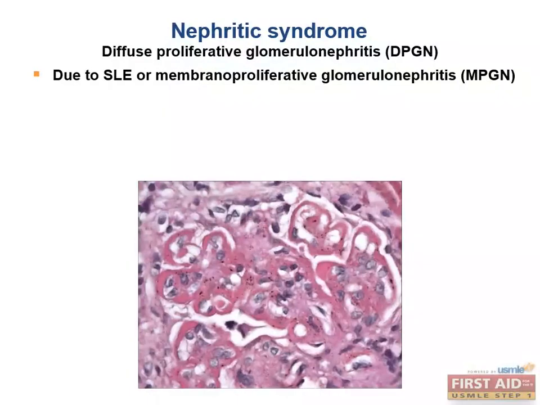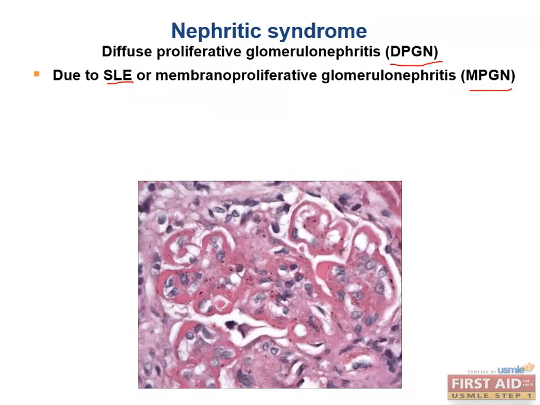The next type of nephritic syndrome is diffuse proliferative glomerulonephritis, or DPGN. It's caused by SLE, systemic lupus erythematosus, or it can be caused by membranoproliferative glomerulonephritis, MPGN, which, if you recall, is what we studied in the nephrotic syndrome section. So DPGN is the nephritic presentation of MPGN.